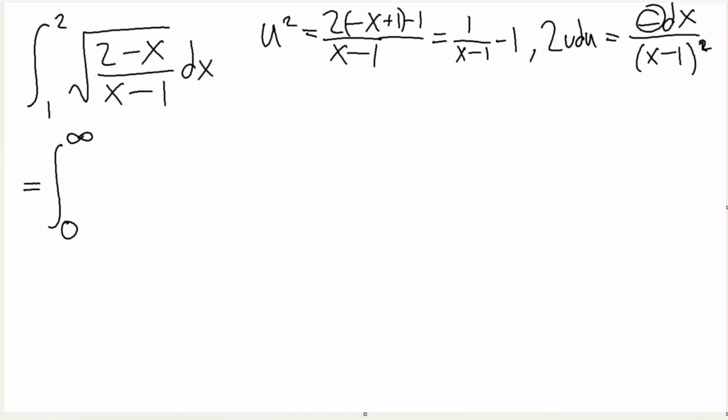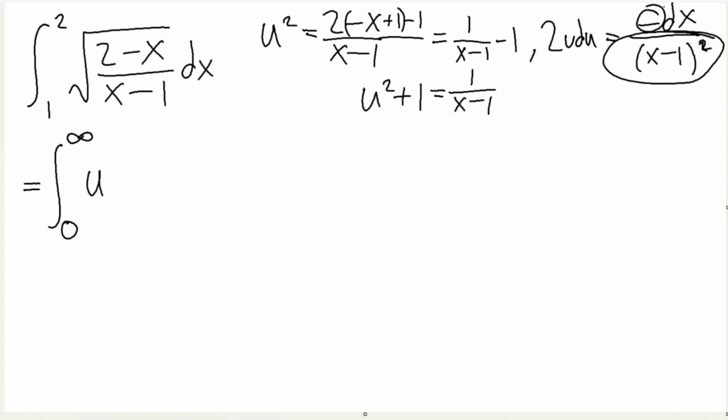Now plugging everything in, this whole thing is u, and then everything else is pretty much du. So we have 2u. Oh wait, careful. It's not just 2u du. We have this stuff as well. So what is this? What does this equal to? Well, from here, we have u squared plus 1 equal to 1 over x minus 1.